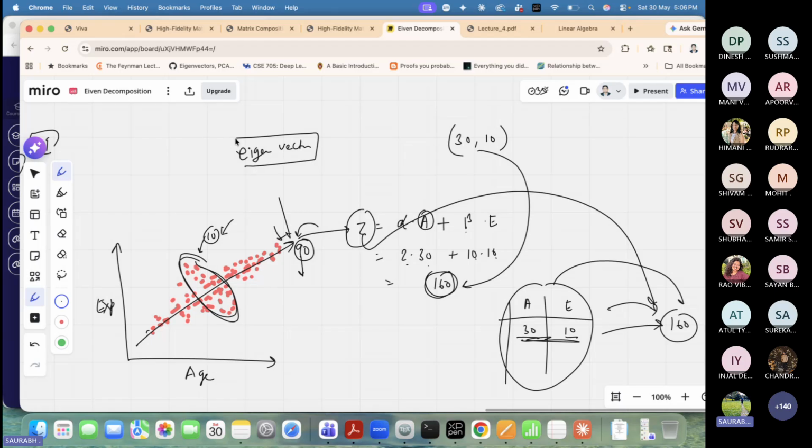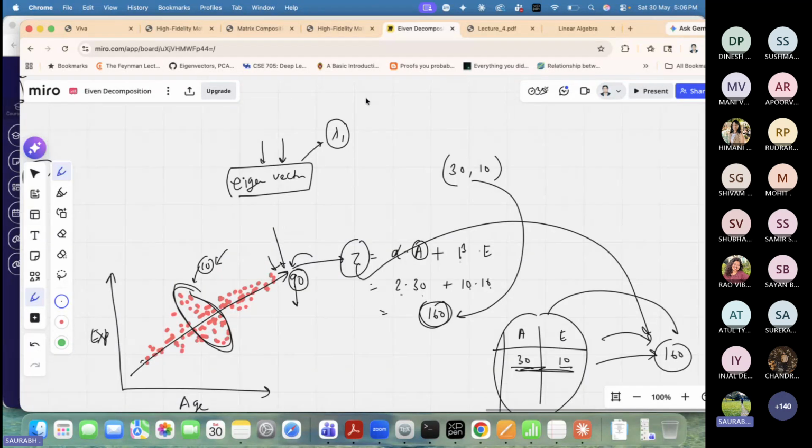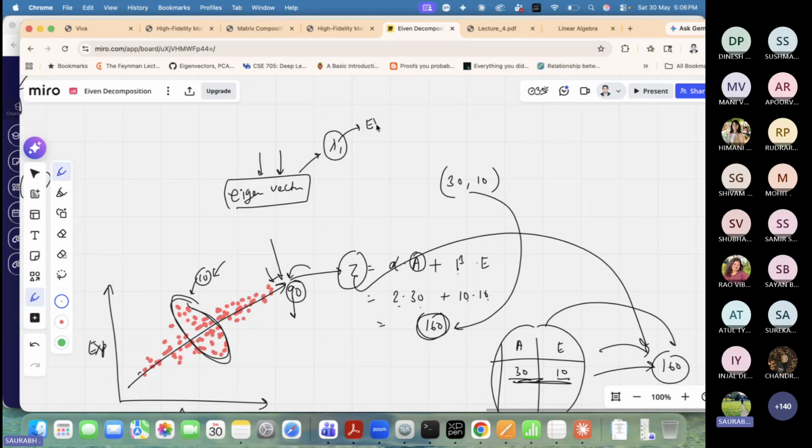So eigenvectors help you reduce dimensions. When you are building machine learning models on a huge amount of data, eigenvectors help you decide which direction to keep and which direction to discard. And that is entirely dependent on eigenvalues. And remember, every eigenvalue is linked to an eigenvector. An eigenvector is nothing but a direction, right?